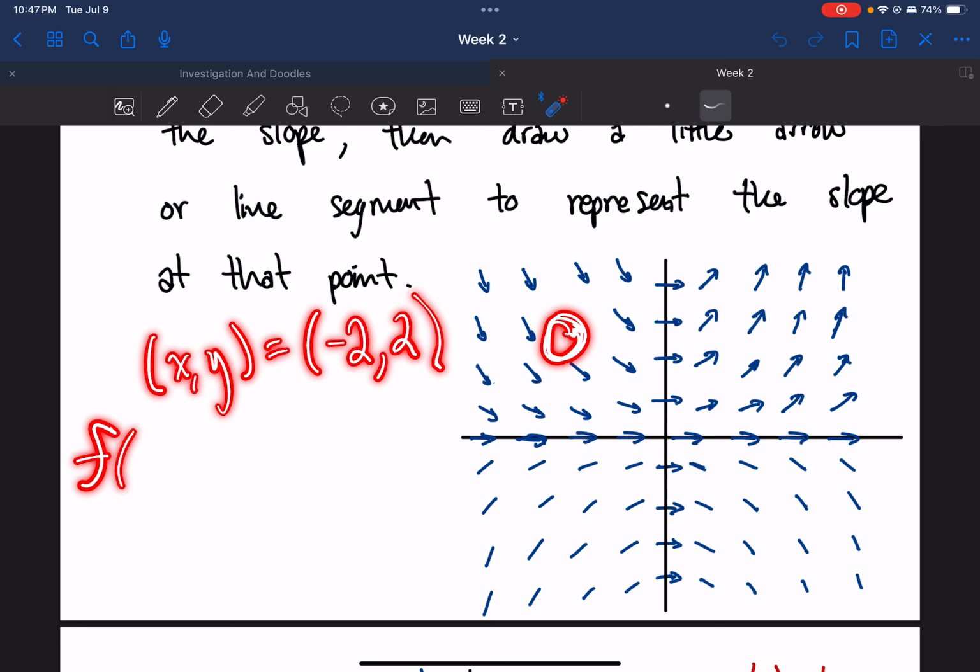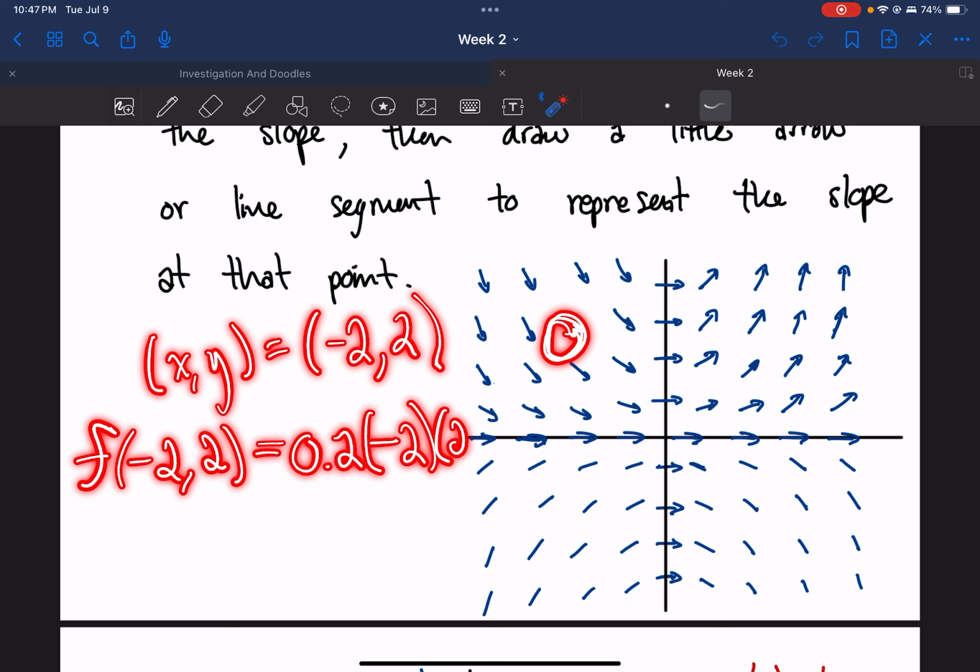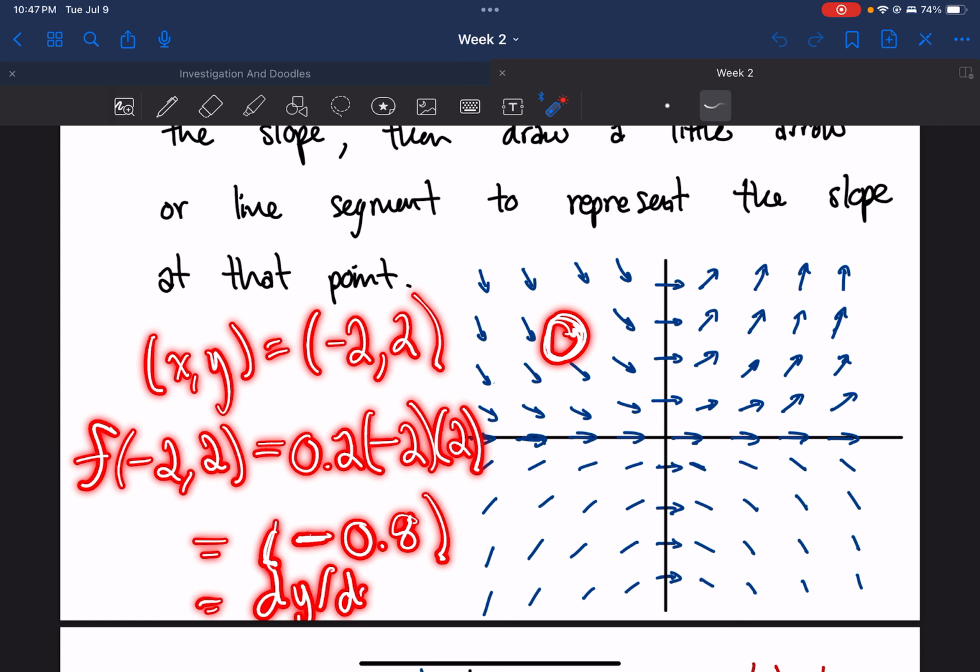So f of -2, 2 is going to equal 0.2 times -2 times 2, which is -4 times 0.2, which is -0.8. And that's supposed to be equal to dy/dx. That's the slope at that point.